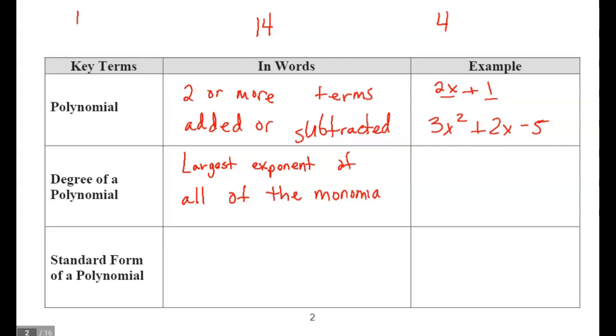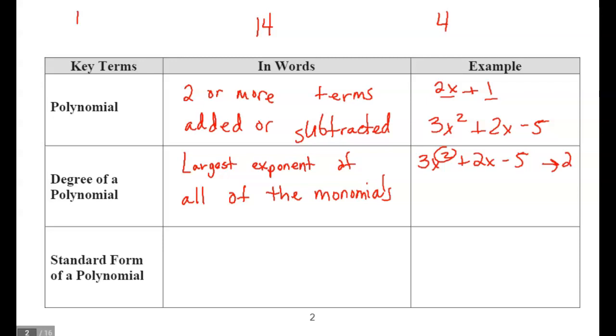So we look at each one individually. So if we have something like this one up here, if we have 3x squared plus 2x minus 5, it has a degree of 2, because that's the highest one.